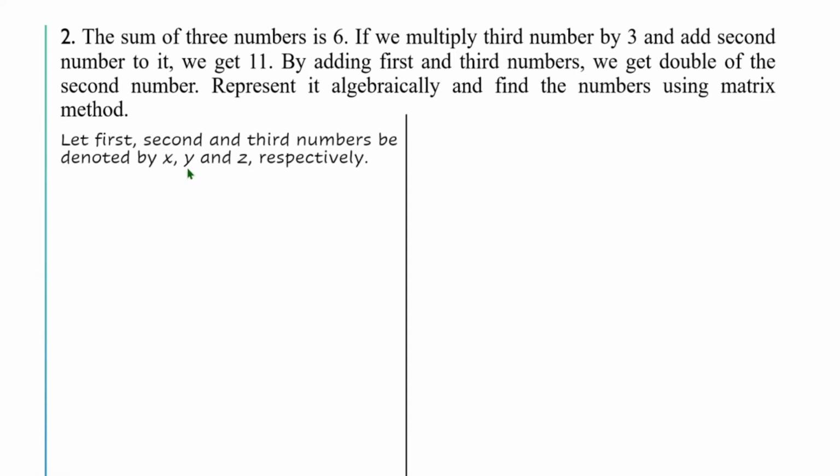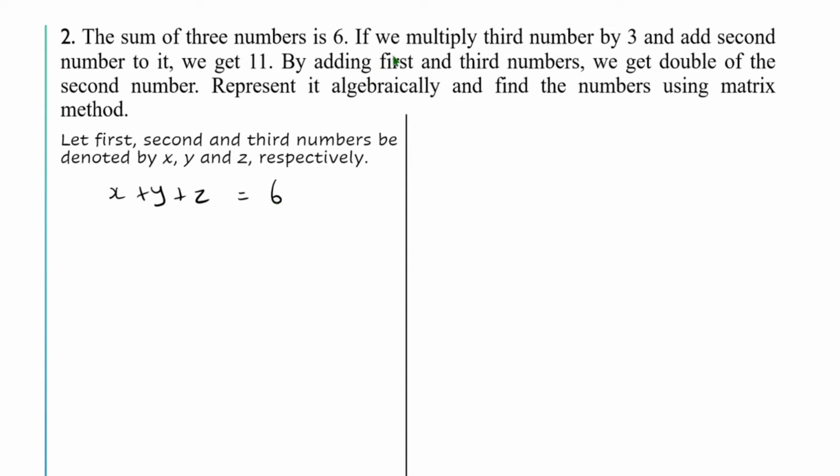Let first, second and third numbers be denoted by x, y and z respectively. So it is given the sum of the three numbers is 6, which means x plus y plus z is equal to 6.